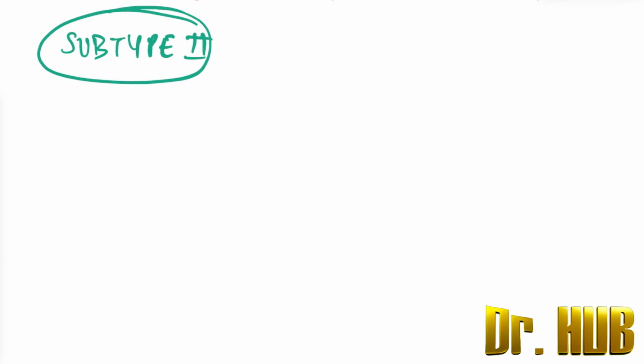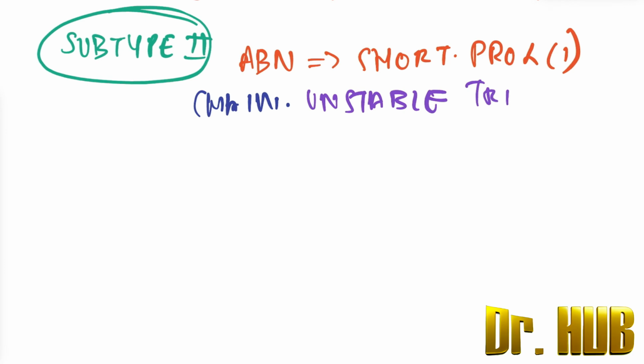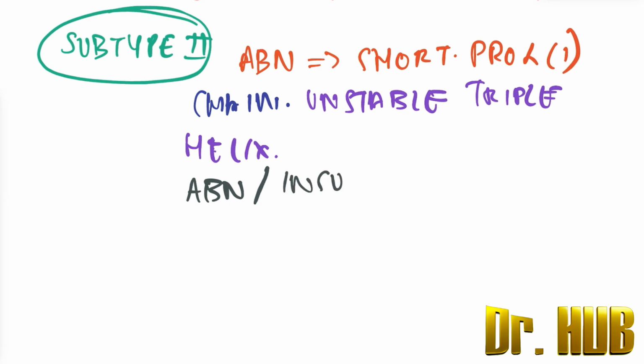Subtype 2 is the abnormality of the short pro alpha 1 chain and unstable triple helix, and abnormal or insufficient pro alpha 2.